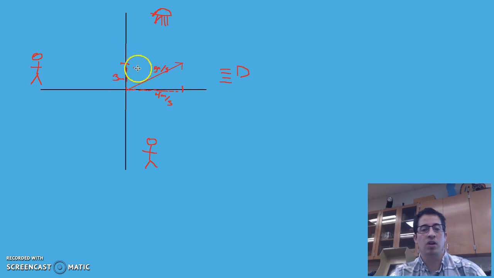Over here, this person thinks it's only going 3 meters in that 1 second, so to them it's going 3 meters per second. If you were shining a light on it to project the shadow onto this axis right here, it would look as if the shadow was traveling 3 meters per second.